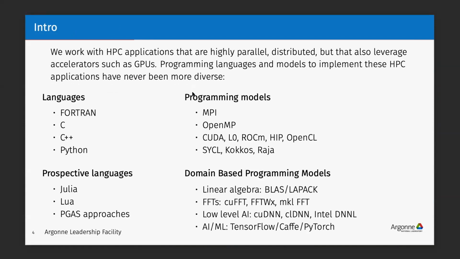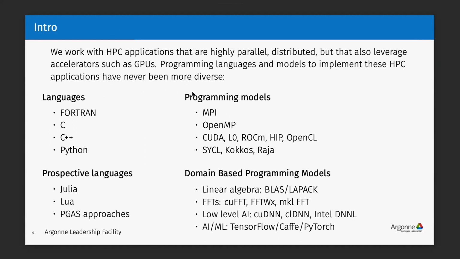The issue we're trying to tackle here is that HPC applications are, of course, highly parallel and distributed, working on GPUs and accelerators, and the programming languages and models to implement those HPC applications have never been more diverse than they are today.